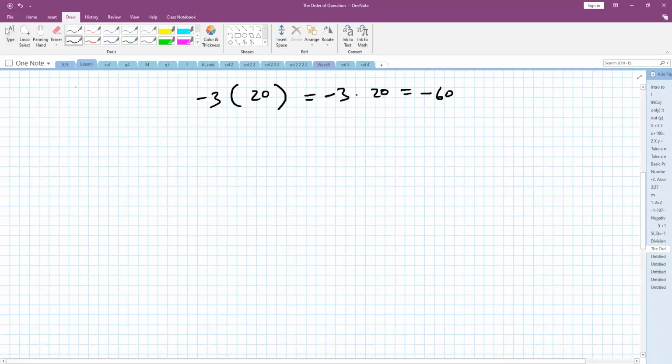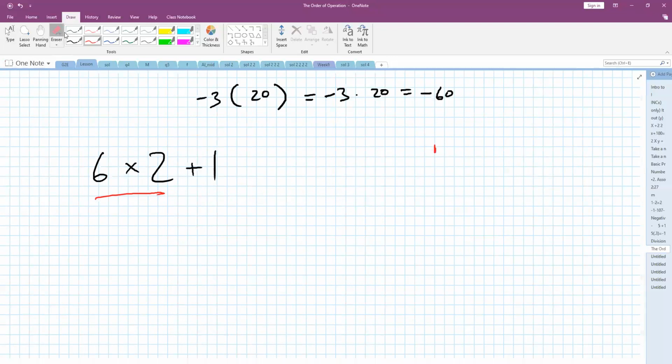For example, if you have something like this, 6 times 2 plus 1, that is 13. In this case, you will do the multiplication first rather than the addition, because by level, multiplication is higher.